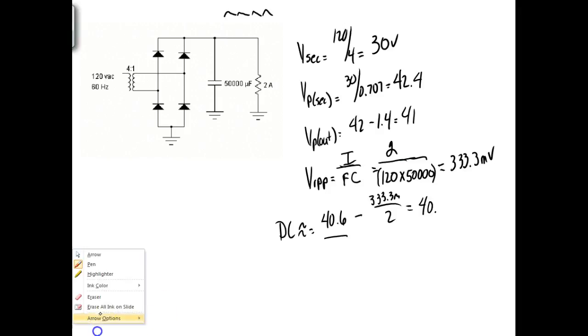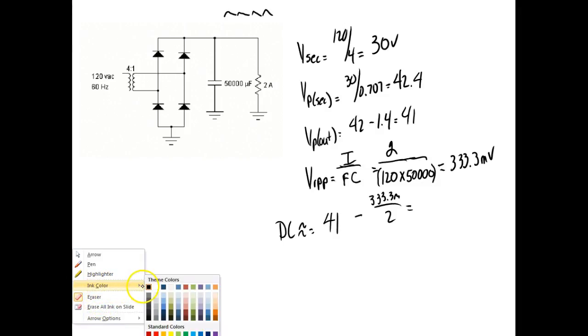And the only thing that's going to change down here is just a little bit. What does that give us for our output voltage? 40.8.